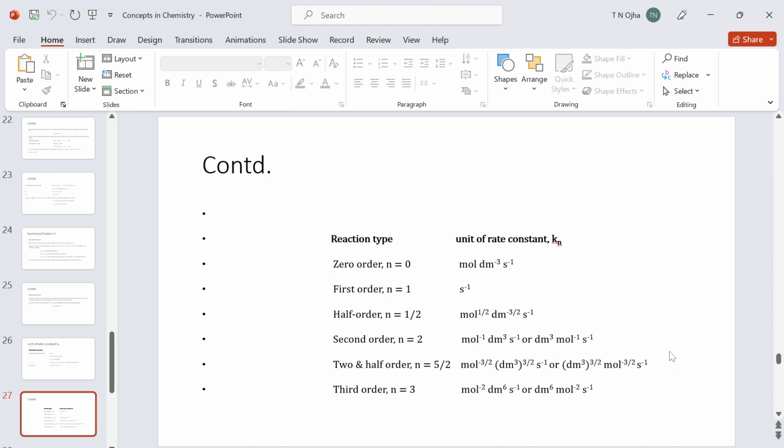For power 2.5, mole power minus 3 by 2, liter power 3 by 2 per second. Third order, mole power minus 2, liter square per second. So in this way, we can find the unit of any given reaction if the order is given. The unit of rate constant or velocity constant can be a very characteristic feature of the reaction type.